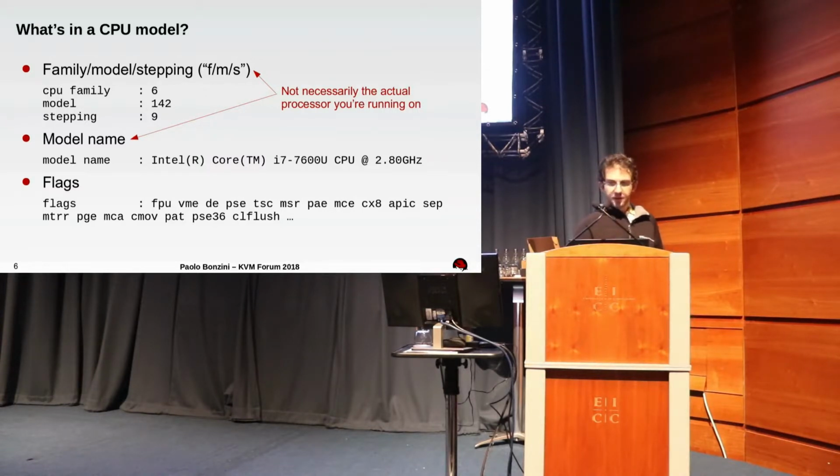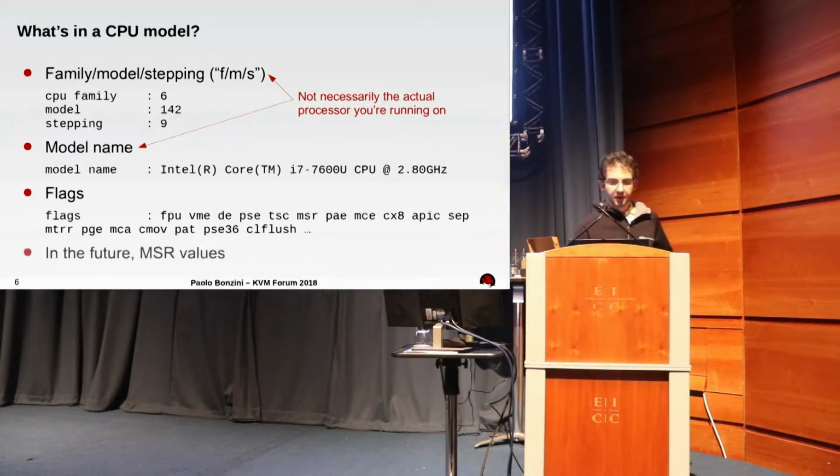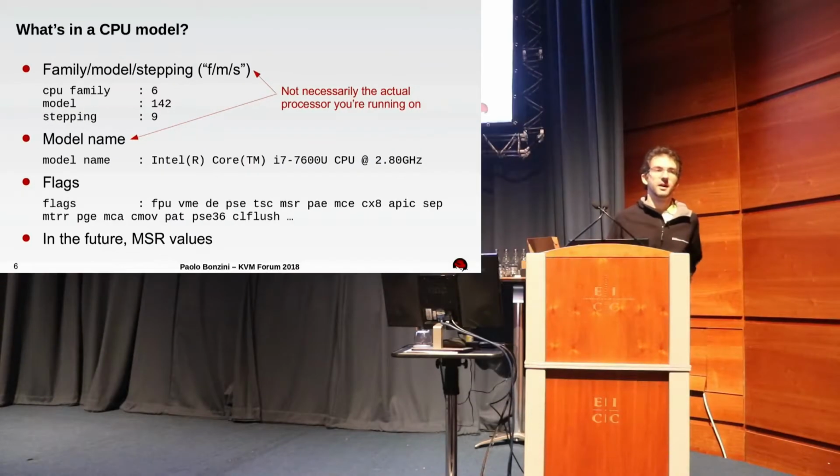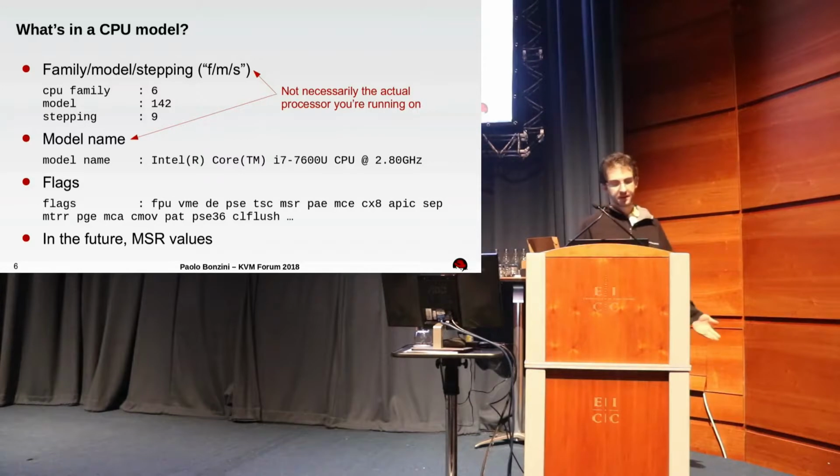CPU models in QEMU, and in the future also, CPU models may contain MSR values. Some MSRs contain things that are very similar to CPUID flags, but for whatever reason Intel decided to put them in an MSR rather than a CPUID flag. One example is the VMX capabilities.